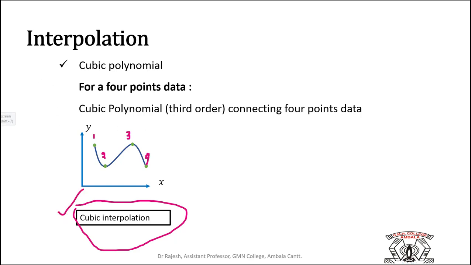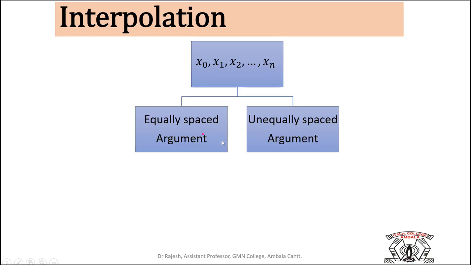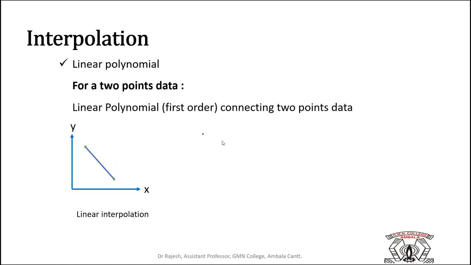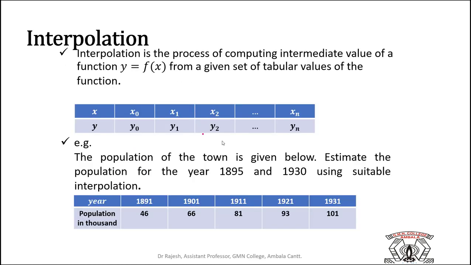Now next we will move towards, so these 3 types of interpolation we have studied. Once again I am revising. Firstly, interpolation to find the value at the intermediate point.